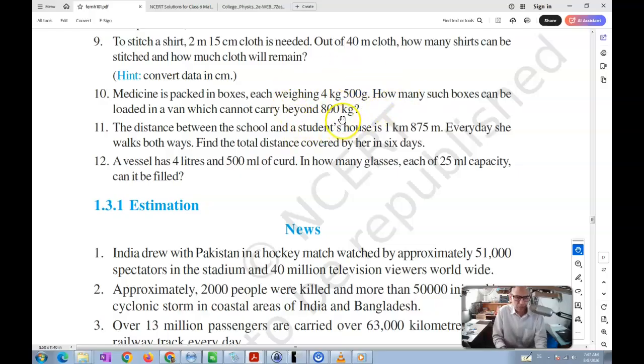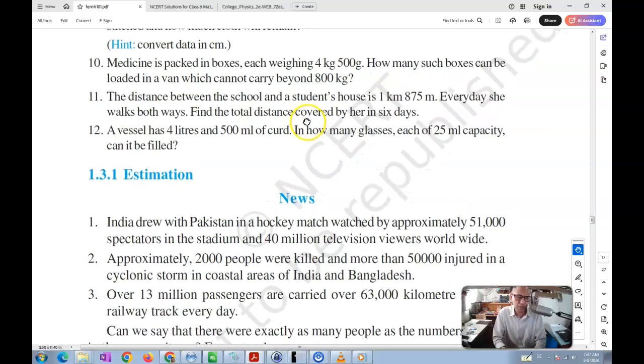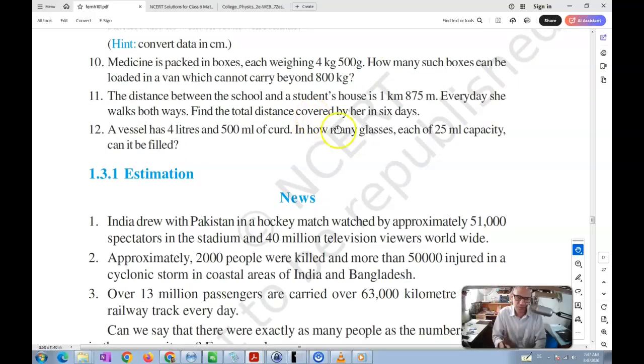Now what I'm going to do is solve the problem over here. I had actually forgotten that there are all of these problems that we were supposed to solve, and most of these contain units, and these units you need to understand.